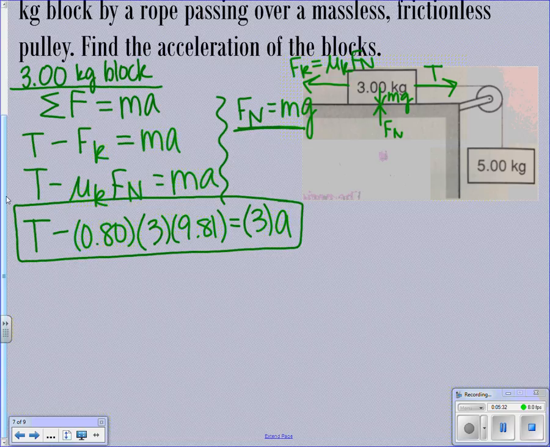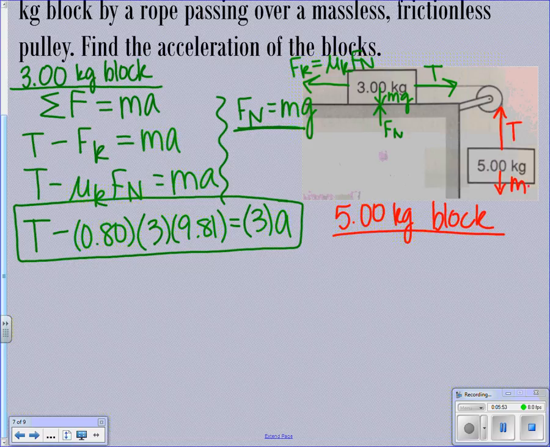Now let's look at the 5 kilogram block. We only have 2 forces acting on it. The tension is acting up, and then the weight, which is your mass times your gravity, is acting down. The sum of the forces is again going to equal the mass times the acceleration.